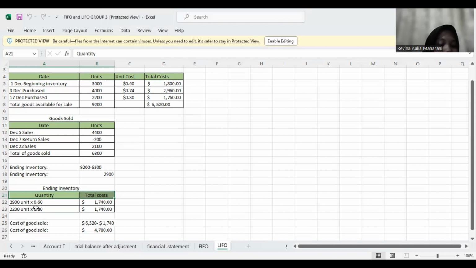We use the first product. Multiply 0.60. The total cost is $1,740.